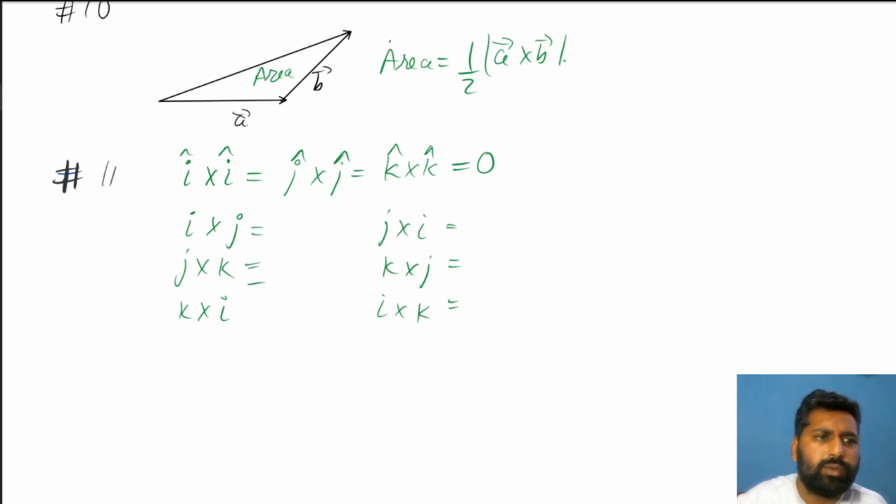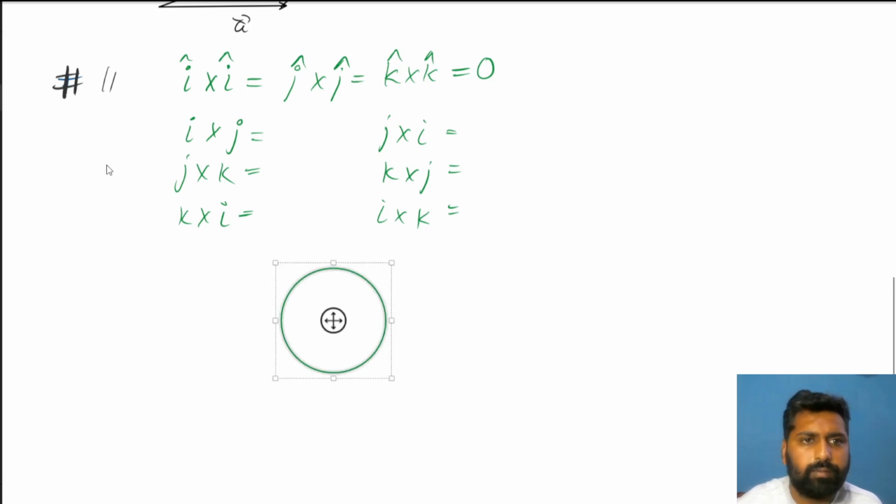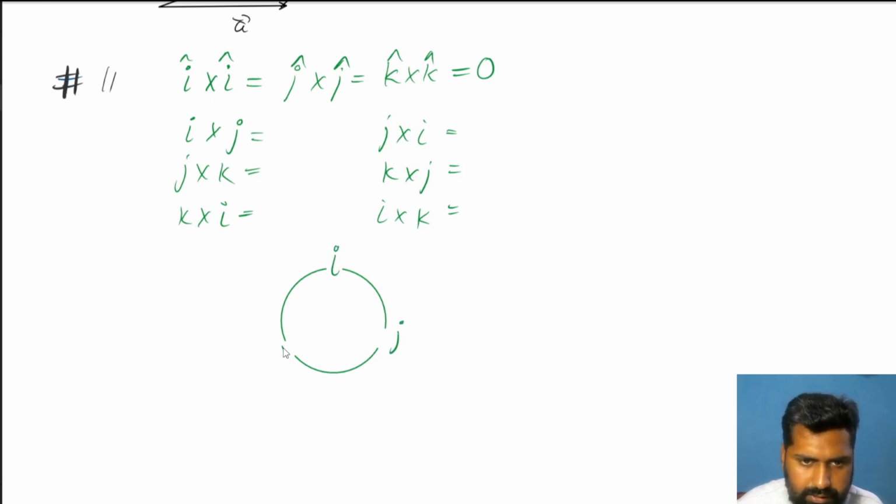Now for this you don't have to learn 6 different results, you have to remember this diagram: i, j, k, and this sense of direction.